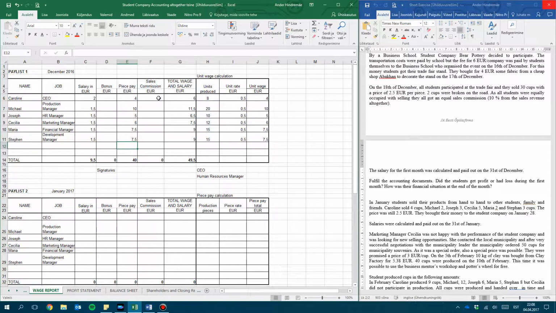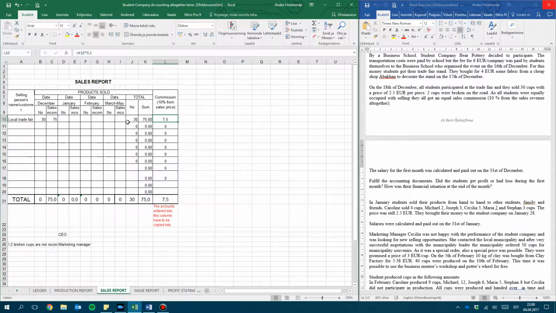And finally, the sales commission, it is 1.25 for everyone because everyone did an equal amount of work during the trade fair, and we also have in the sales report filled out 7.5 euros divided by 6 people in the company is 1.25.